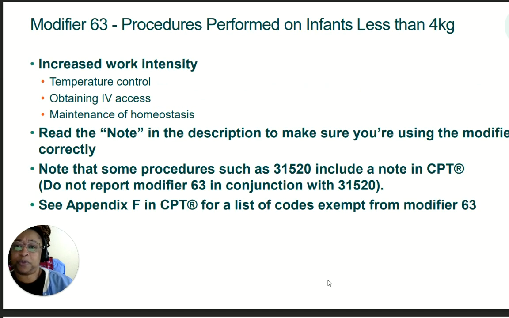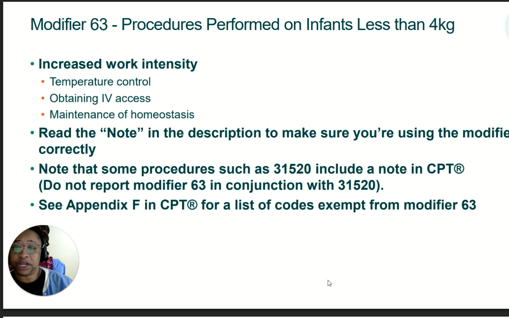63, procedures performed on an infant less than 4 kilograms. Increased work intensity: temperature control, obtaining IV access, maintenance, or hemostasis. Read the note in the description to make sure you're using the modifiers correctly.